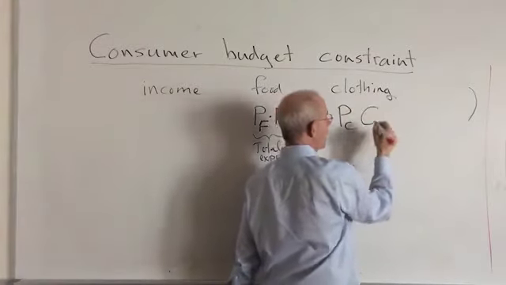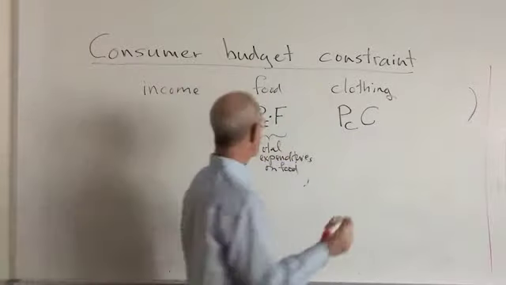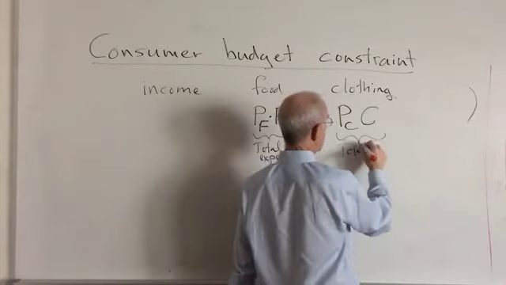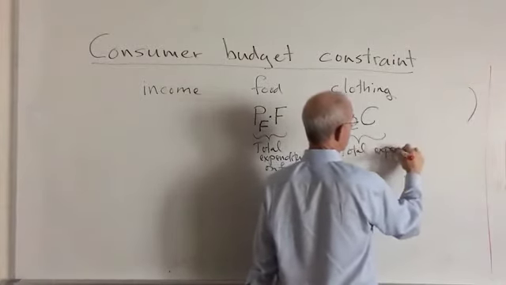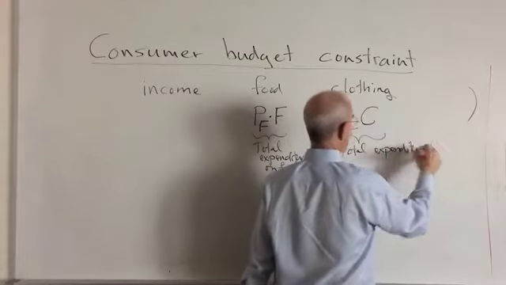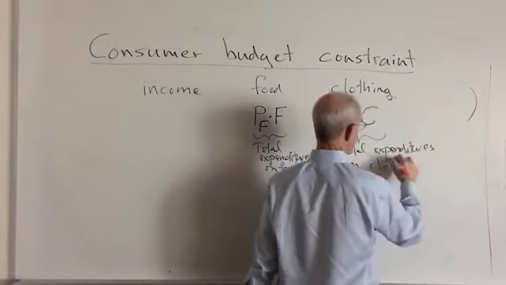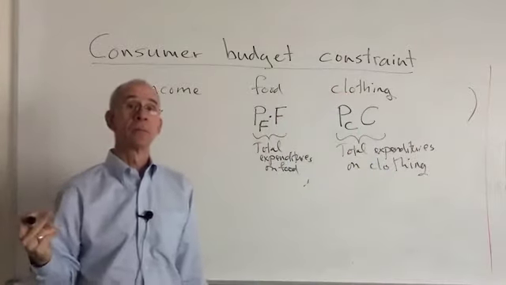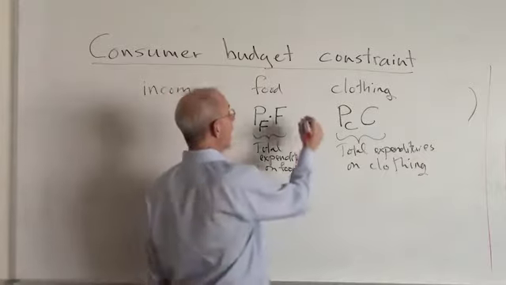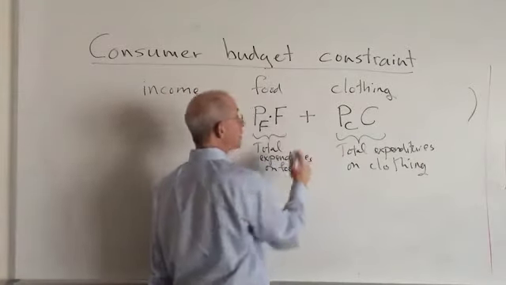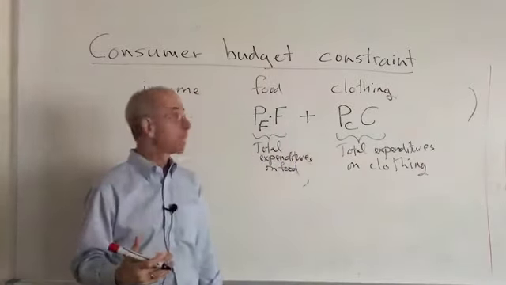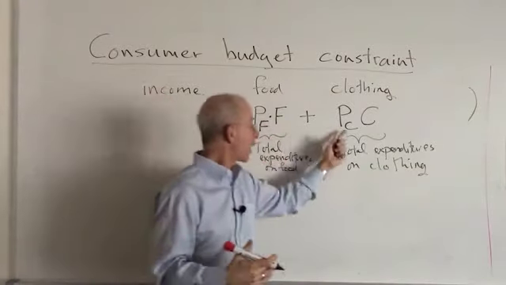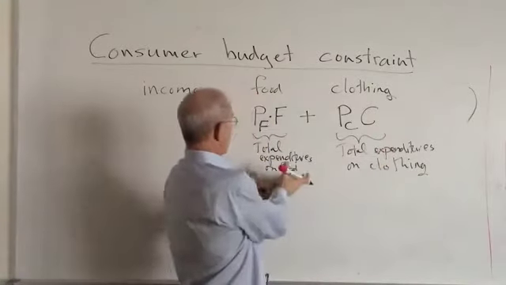If I multiply that times the quantity of clothing, then this is the total expenditures on clothing. And if those are the only two things that I buy, then if I add the two, that's my total expenditures on everything. So this is really a kind of price times quantity plus price times quantity of food and of clothing.